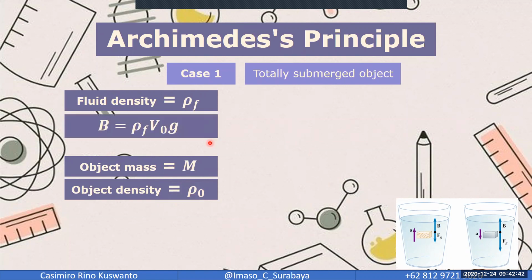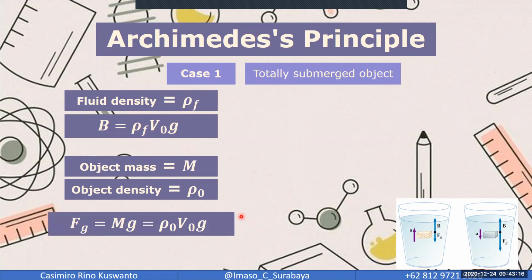The buoyant force, just like before, is equal to the weight of the water displaced by the object. So for a totally submerged object, the buoyant force equals rho f times the submerged object volume times gravity.